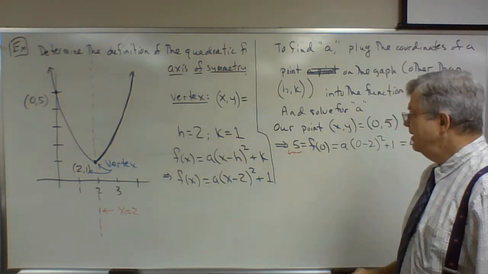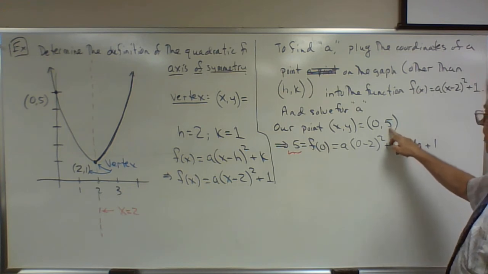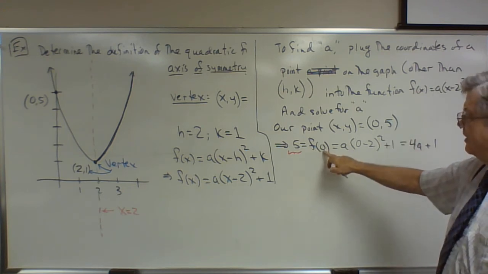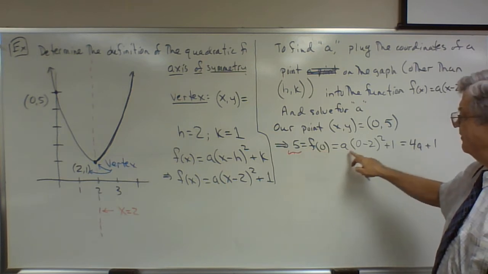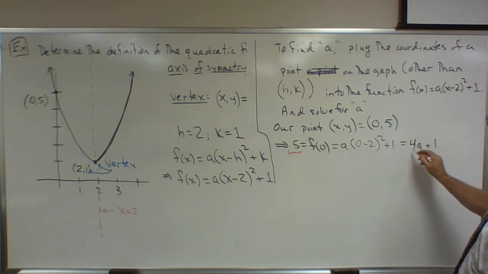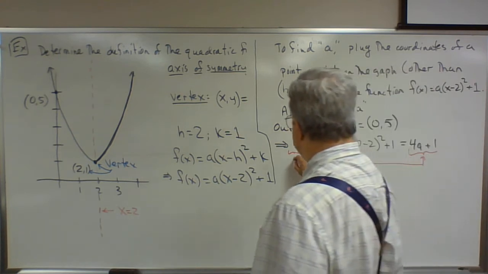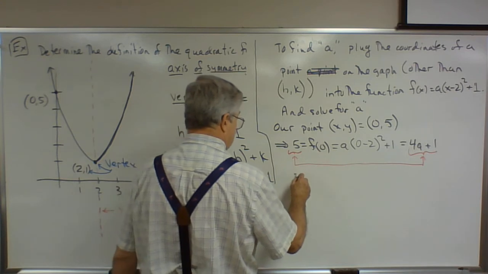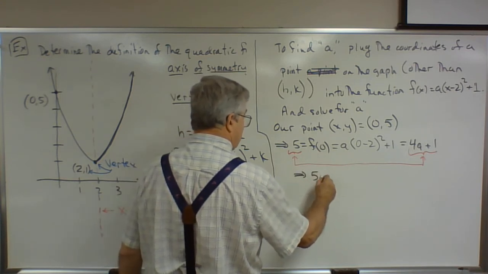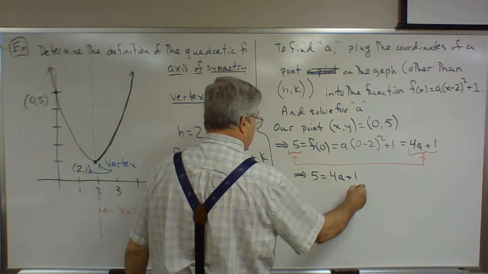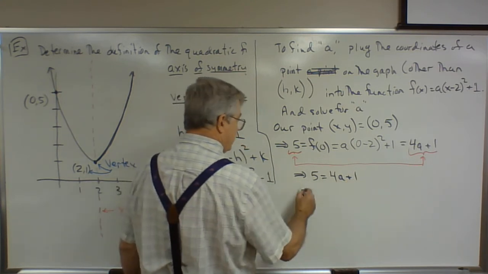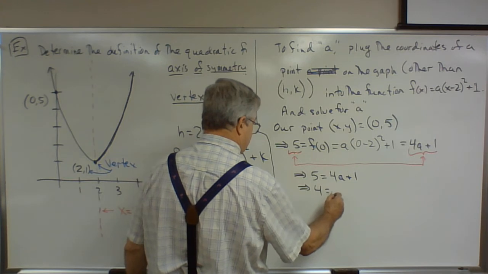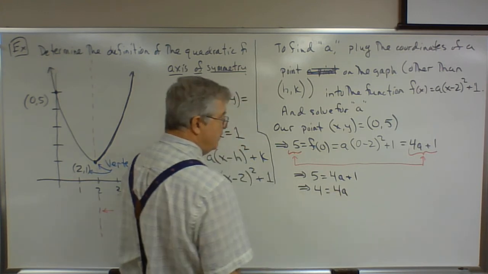5 is our y coordinate, and f of 0 is our y coordinate. 5 equals f of 0, which equals this thing, which equals that thing. Okay, subtract 1 from both sides. 4 equals 4a.